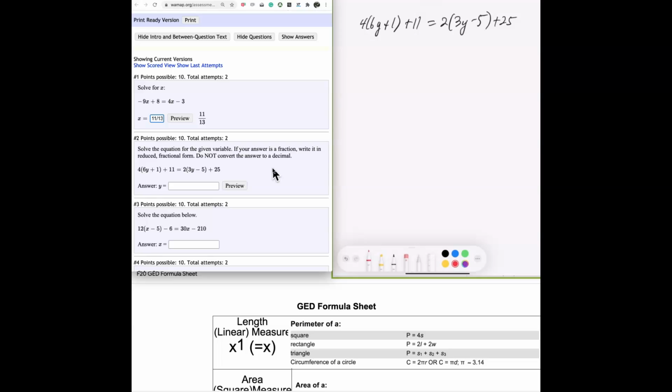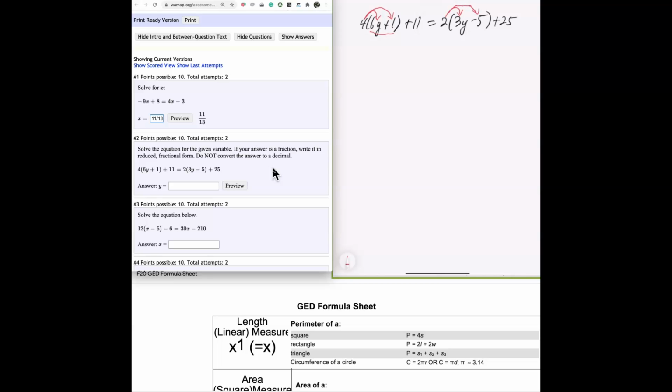When you are multiplying numbers in parentheses like this, which are binomials, we have to distribute this 4 because it's 4 times both elements, 4 times 6y, and 4 times 1. Over here we have to do the same thing, 2 times 3y and 2 times -5.